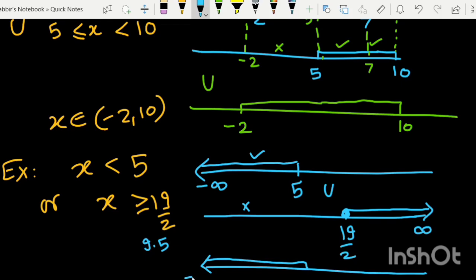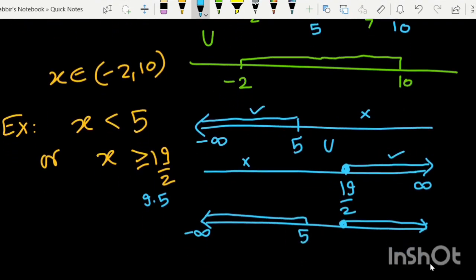So we will take minus infinity to 5 in our solution set of the union. Now 19 by 2 to infinity is there here, but here there is no value, so we will take 19 by 2 to infinity. Either you draw it or you can do it directly by dropping perpendiculars. So this is the union of the two inequalities.